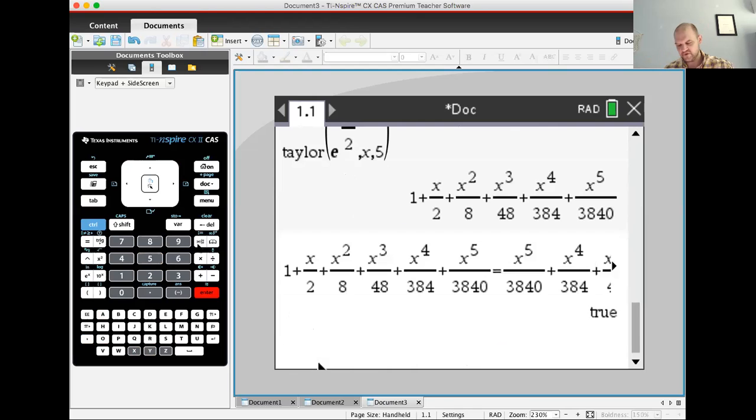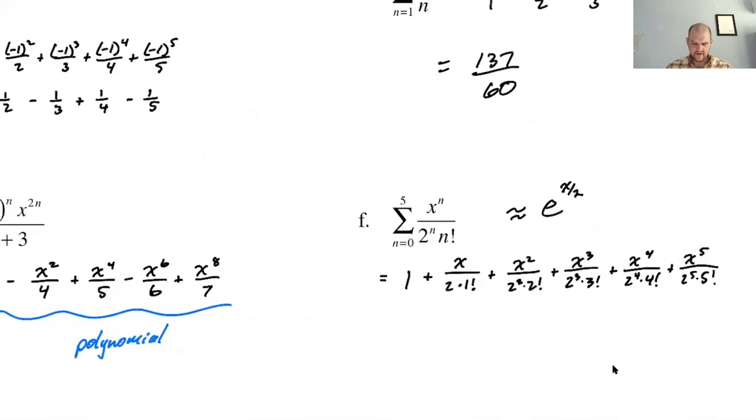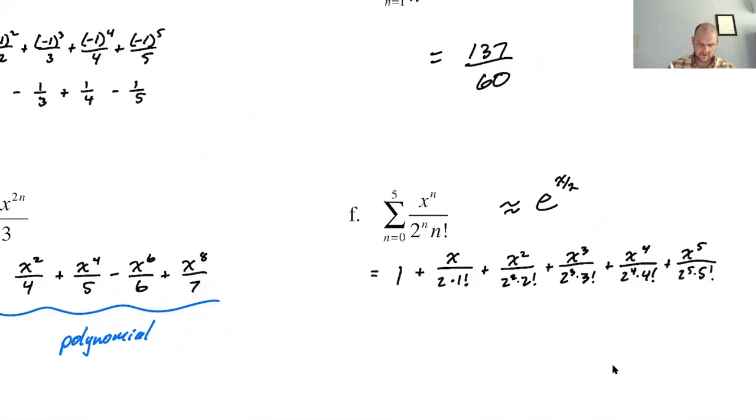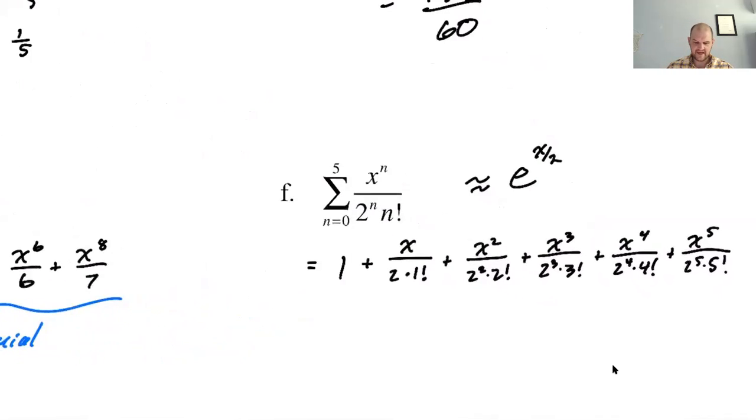So one of the things we want to be able to do is look at these summations and figure out what functions they're potentially approximating. It's not really relevant right now, but I can tell you how I figured out that this was going to be e. If you remember all of those polynomials that you memorized, a lot of the denominators had factorials. Sine, cosine, e had factorials. Only e had n factorial.